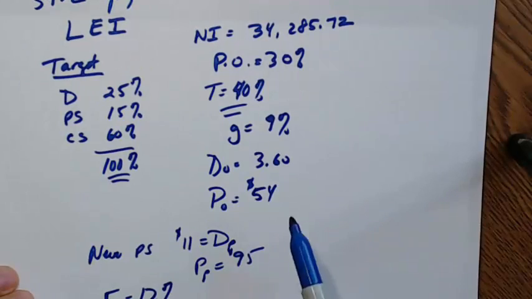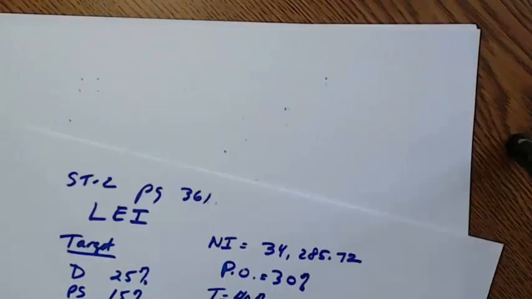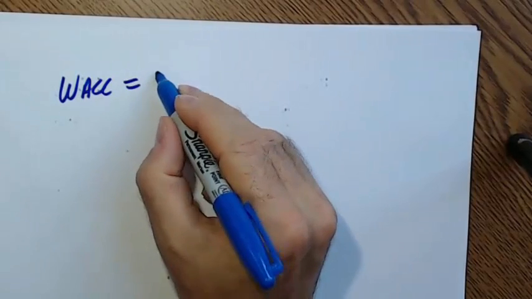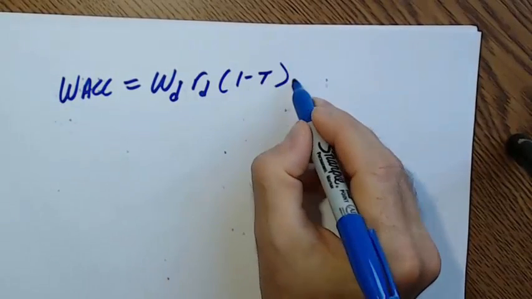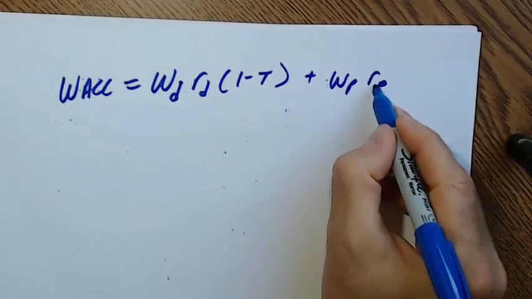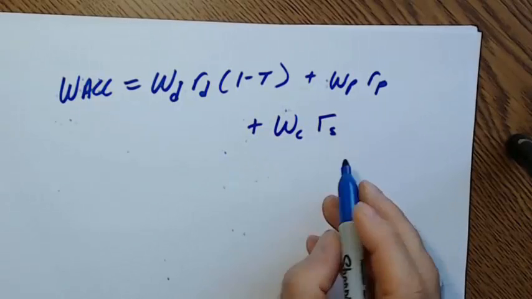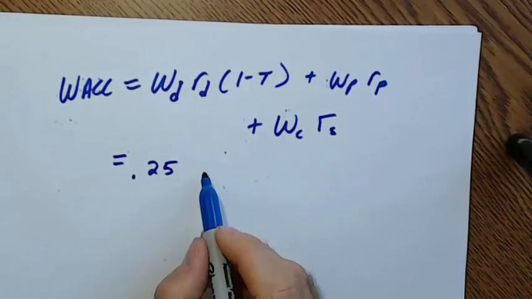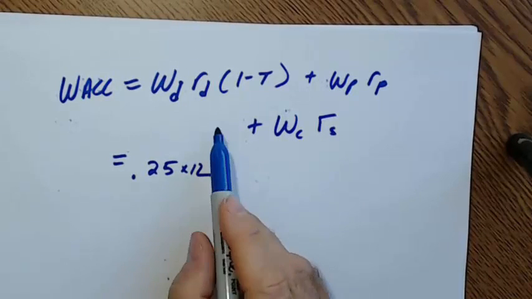But here's the given data. Now what we have to do is figure out the weighted average cost of capital from all of this. So 25% is in debt, which is our target. It's 12% for RD.